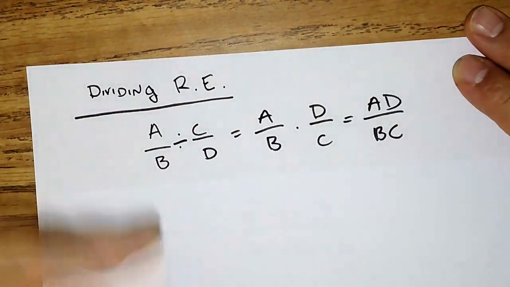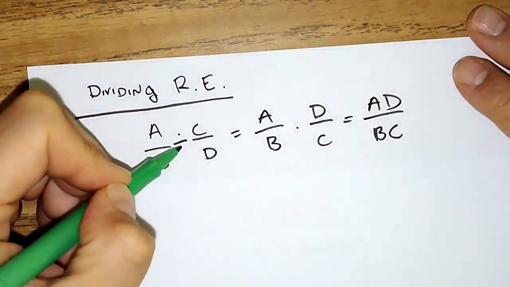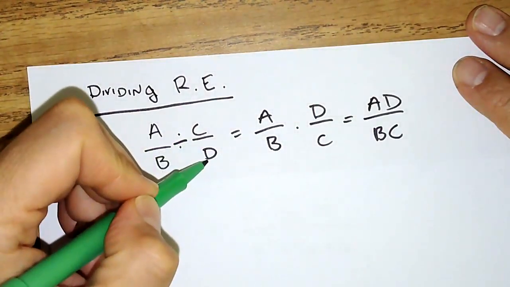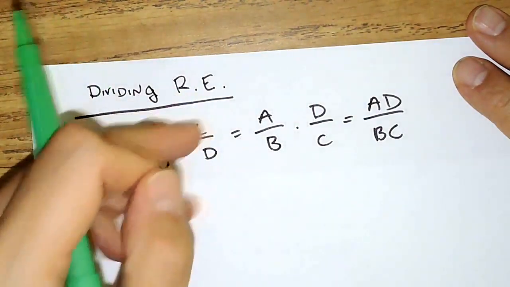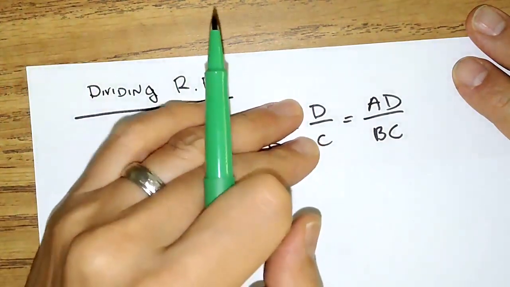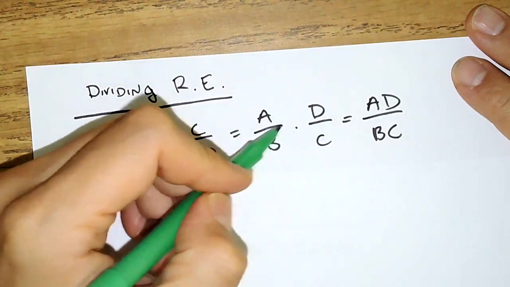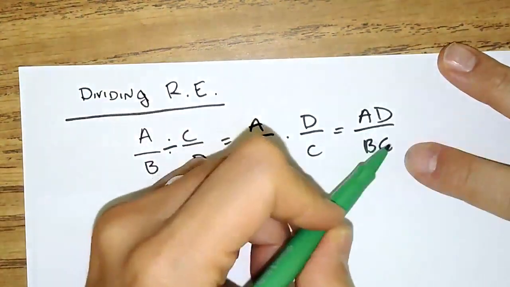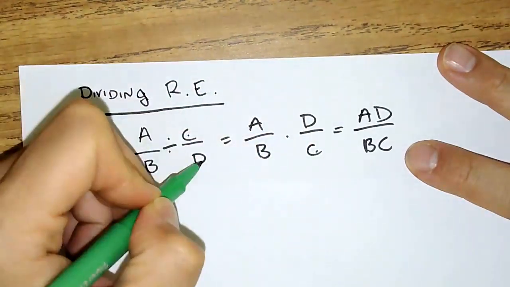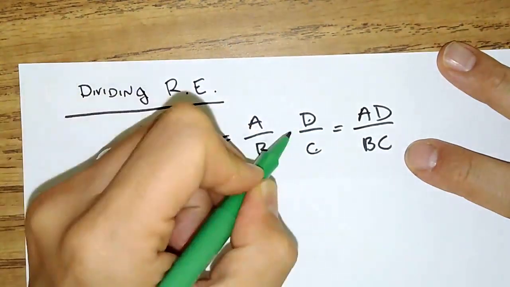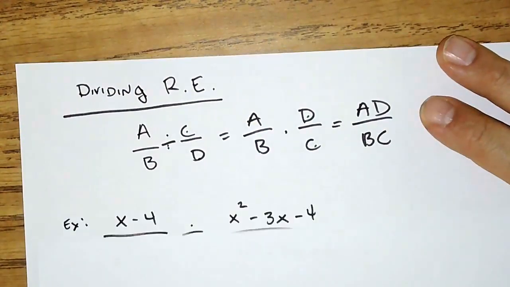So when we divide A over B by C over D, we're going to flip the second fraction and multiply. So this becomes AD divided by BC. You guys see the flip? C became C, D became D, divide becomes multiply, okay? So that's the case there.